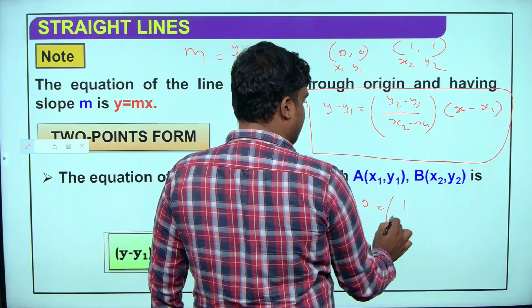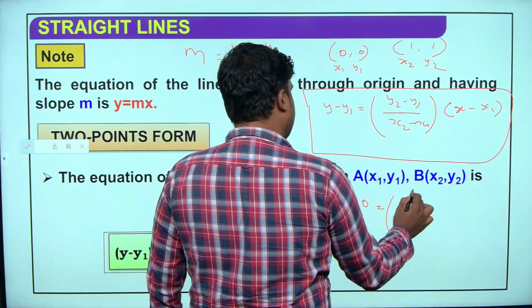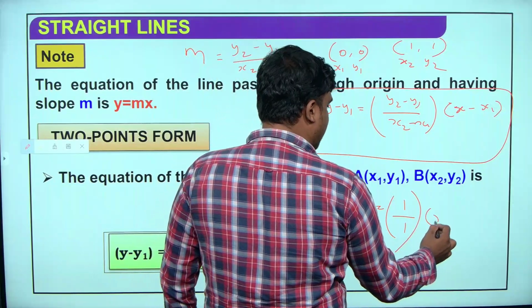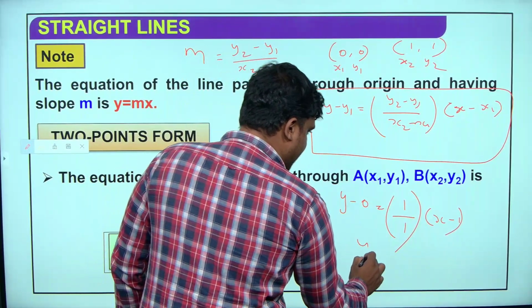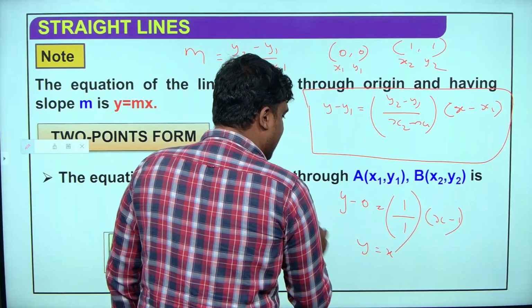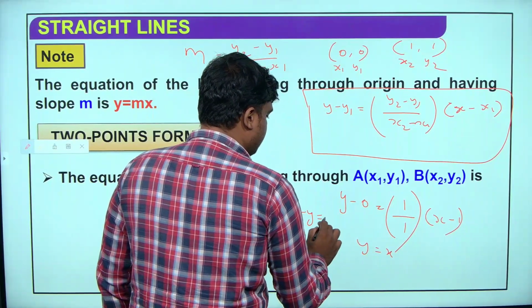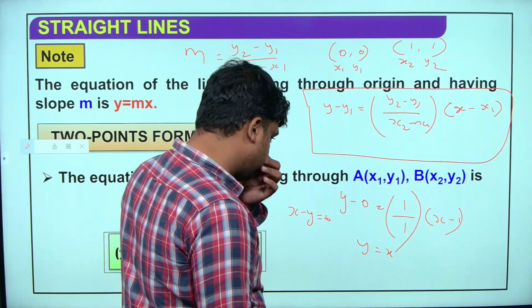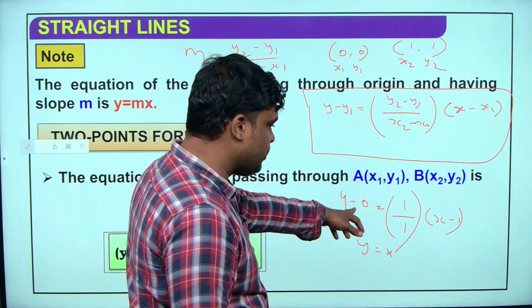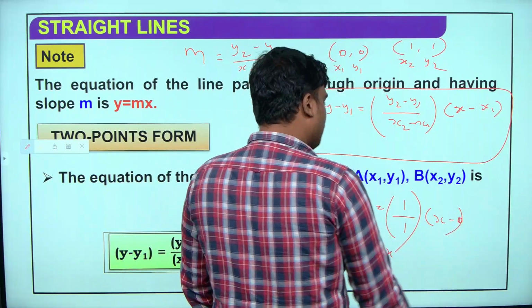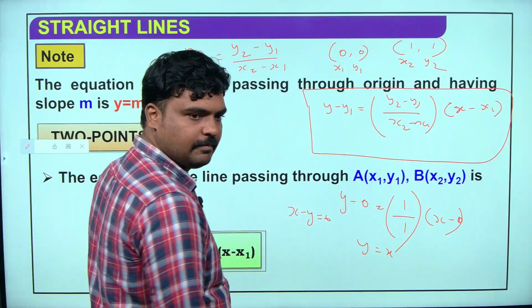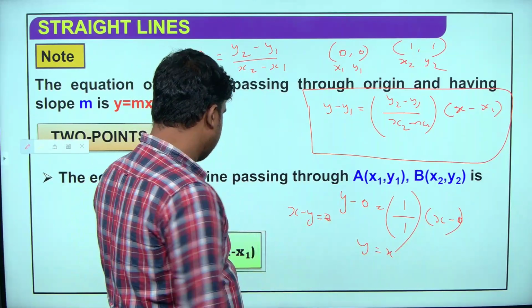This is also 1 because x2 is 1 and this is 0. So 1 by 1 into x minus 0, right? So this will become y equal to x. So I can write x minus y equal to 0. Okay, sorry, but anyway, the answer is this.